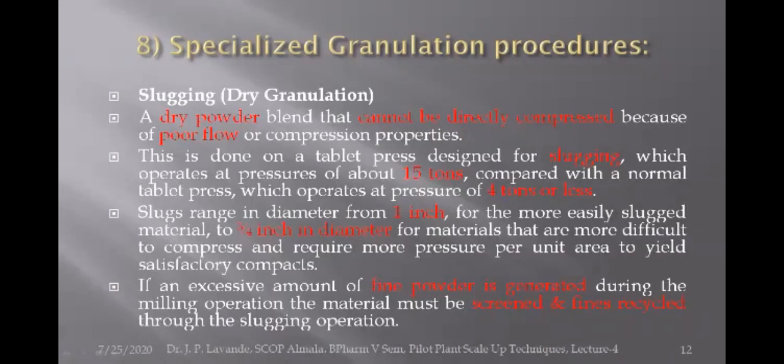The materials, the excipients, the ingredients are costly. So if the fine powder is produced and is not useful for us, we cannot just throw it out. We have to subject it to screening, and then to the process of slugging, so that such powders can be recycled through slugging.